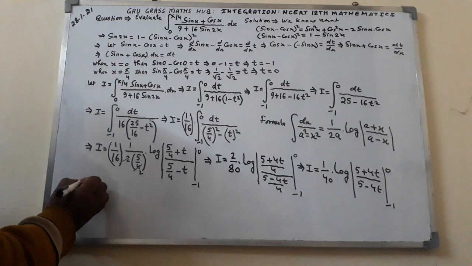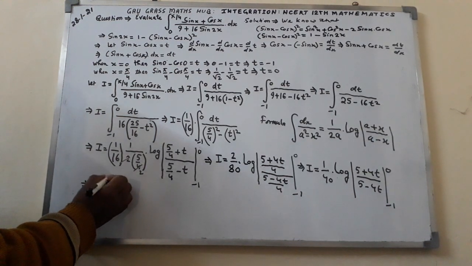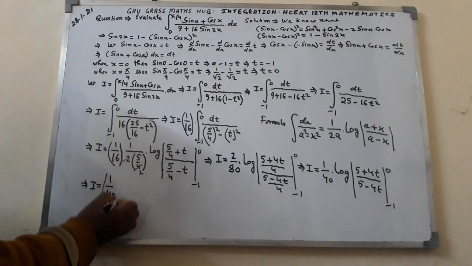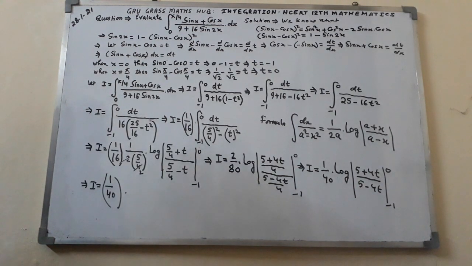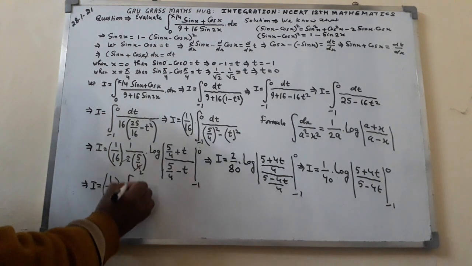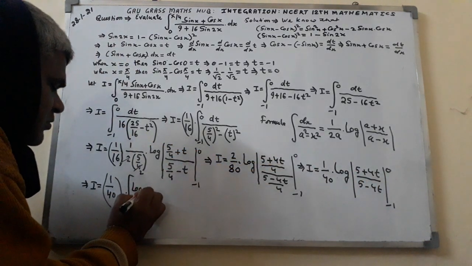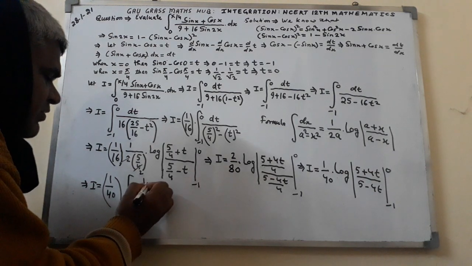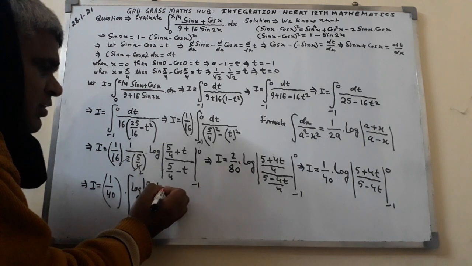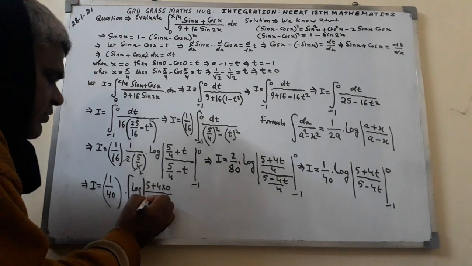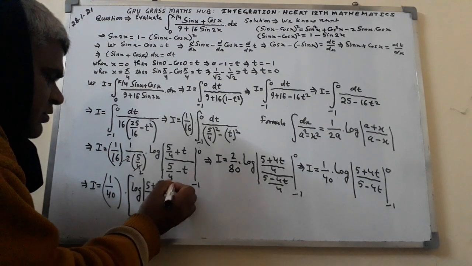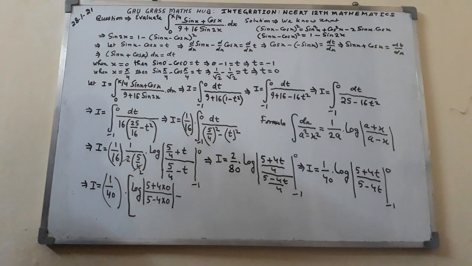Again I shall write, implied that I equal to 1 over 40. 1 over 40 will be written, open a square bracket, and first of all put 0 here, so we will get log mod (5 plus 4 into 0) whole over (5 minus 4 into 0), minus, this thing we will get.